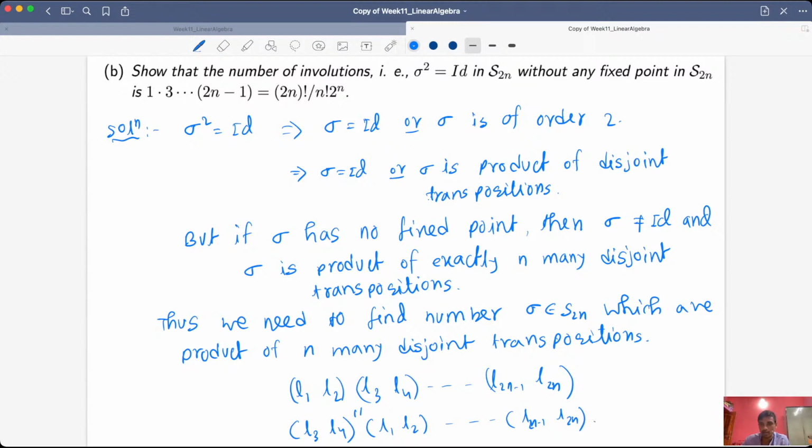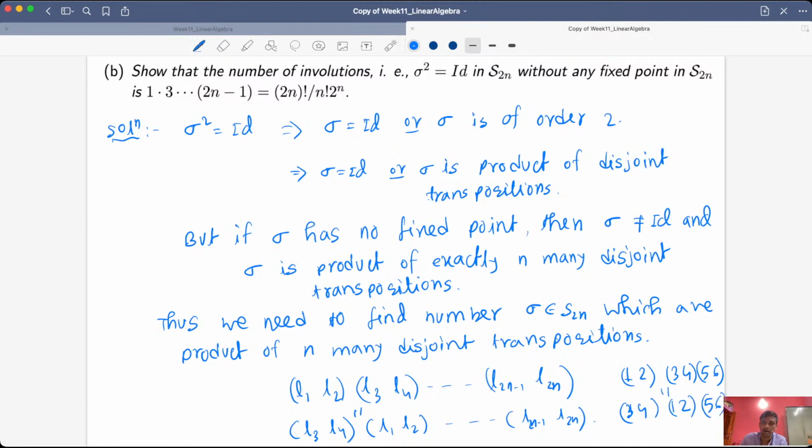For example, 1, 2, 3, 4, 5, 6, suppose I'm considering S6. Then you have a product of 3 transpositions. This is an element, but if you have another permutation 3, 4, 1, 2, 5, 6, this is also the same as the previous one, right?